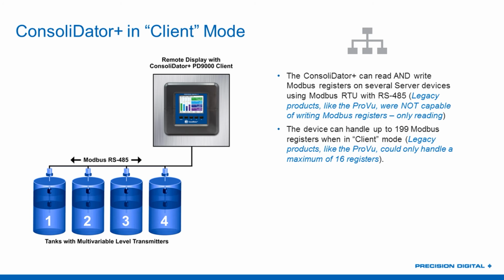So that is a significant enhancement, and that's what I meant by enhanced some of the features. So that's basically how it works in client mode. It can read and write. Our legacy products were not able to write. They could only read registers, and it was up to 16. So now we have 199 registers. We can read and we can write.